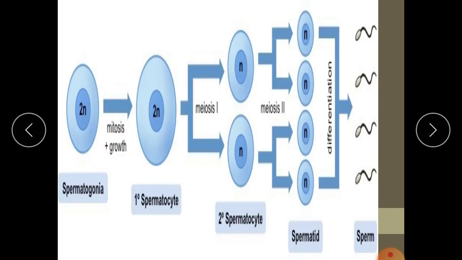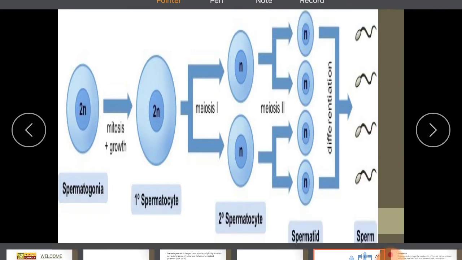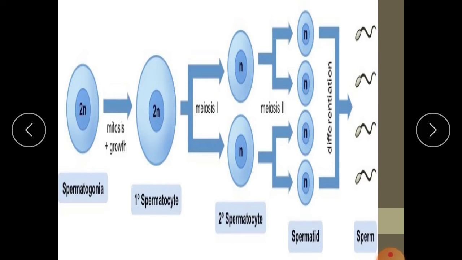Look here, these are spermatogonia. Spermatogonia are diploid. The spermatogonia develop to become the primary spermatocyte.